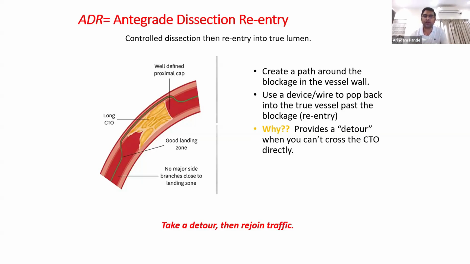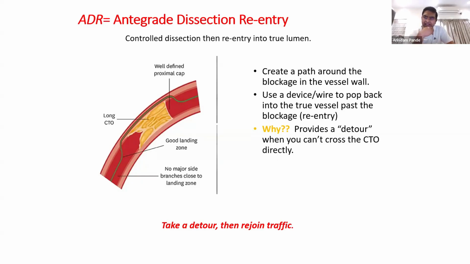So here, if you cannot open the CTO in the conventional way, the idea is to create a path around the blocked vessel wall. You can use a device or wire to pop back into the true lumen past the blockage, the re-entry. Why? Because this will provide a detour when you can't cross the CTO directly. Now, there are different newer devices, particularly one device I'd like to mention here is the Boston Scientific device.